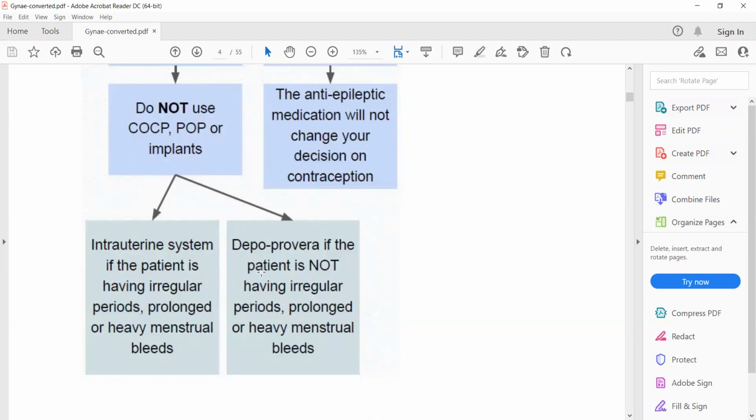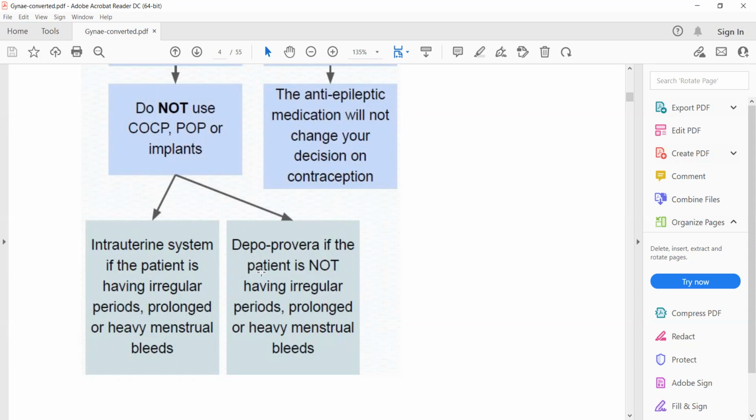Now, if the patient presents with heavy menstrual periods, remember that IUS is the contraception of choice if the patient is having heavy menstrual bleeds, or small fibroids which are not distorting the uterine cavity.